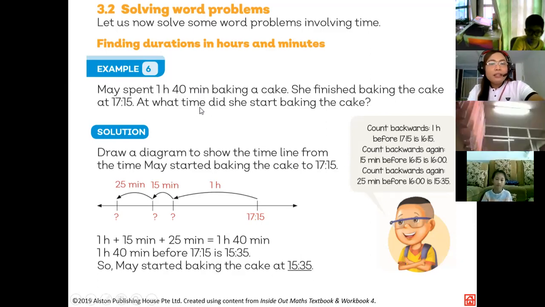At what time did she start baking the cake? So May spent 1 hour and 40 minutes baking a cake, and May finished baking the cake at 17:15. So the question is, at what time did she start baking the cake?